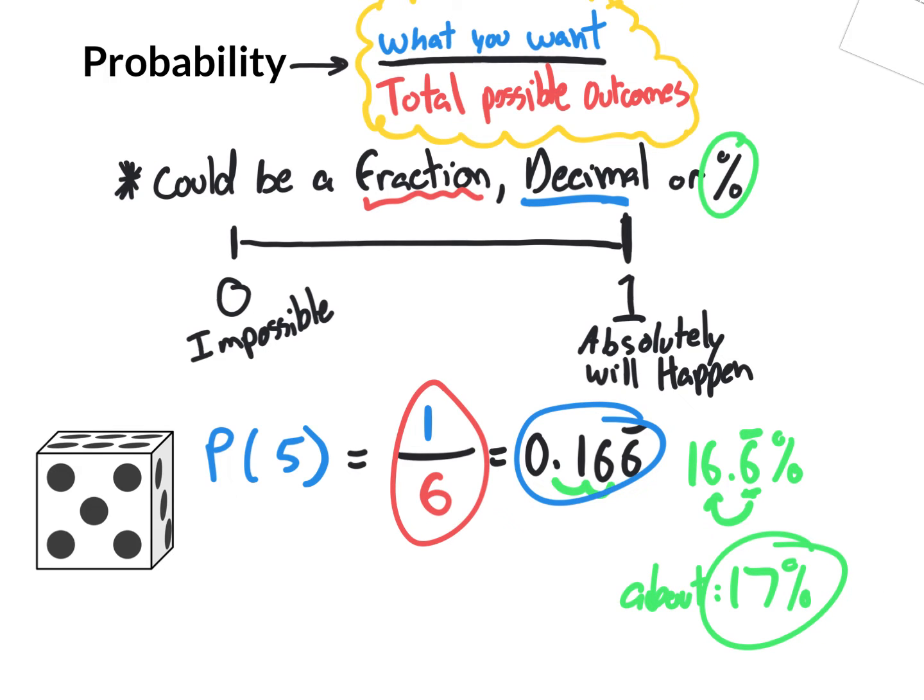Before we move on to the next lesson, again, the decimal or the number 0 means that it's completely impossible. The number 1 or 100% means that it absolutely will happen. There's very few things that you could say absolutely will happen. Could anybody think of one in real life?